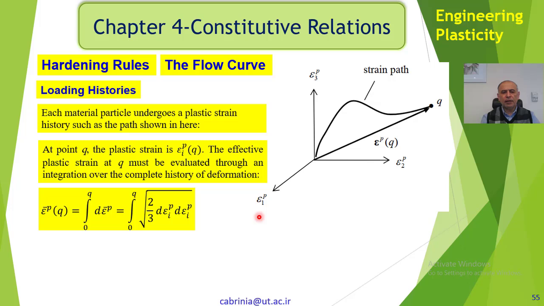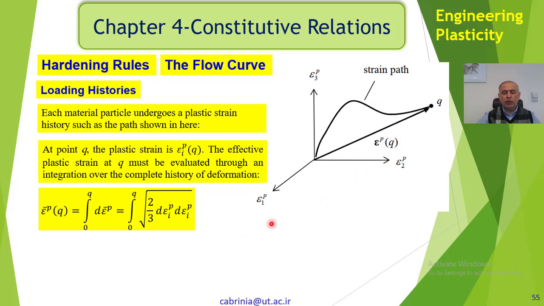The effective plastic strain at Q must be evaluated through an integration over the complete history of the deformation. So if we put here epsilon bar P Q, what do we mean by that? Because it has three components, epsilon 1P, 2P, and 3P, these are the principal strains.